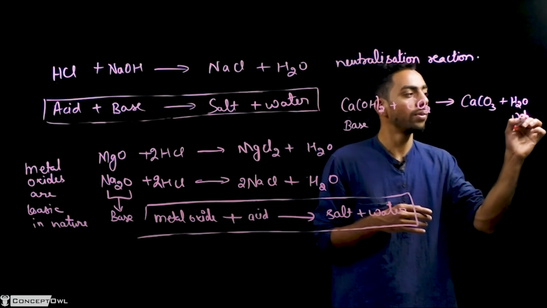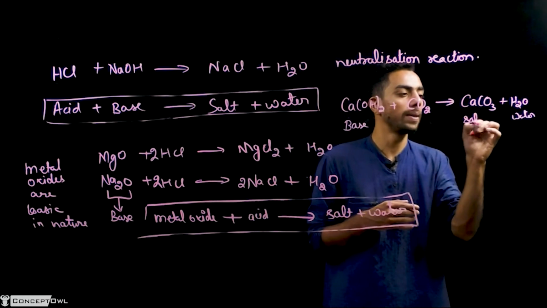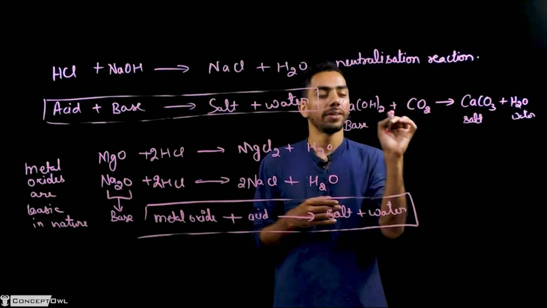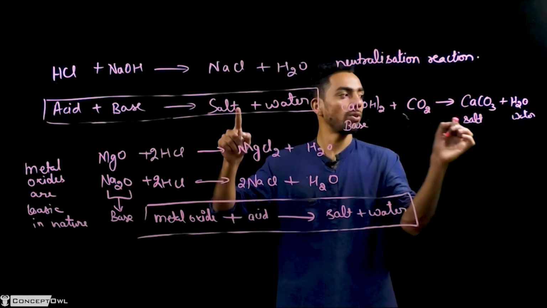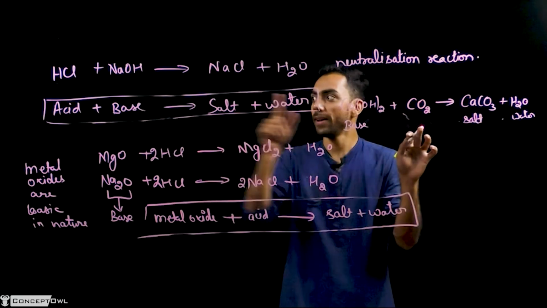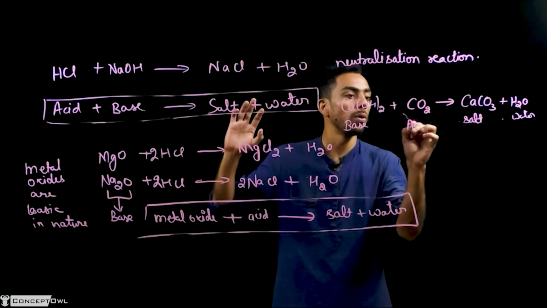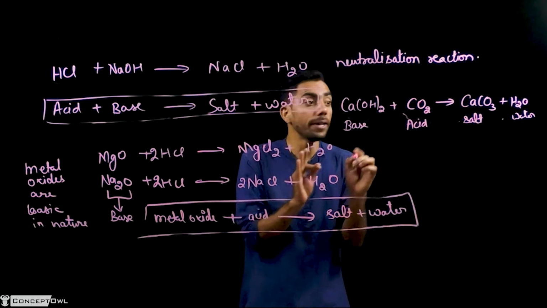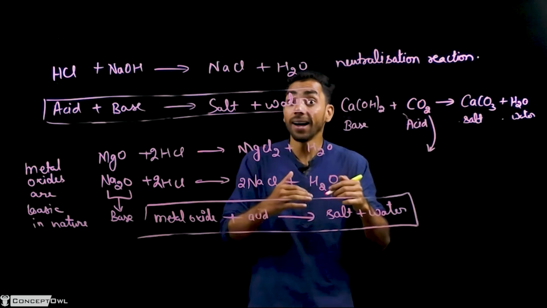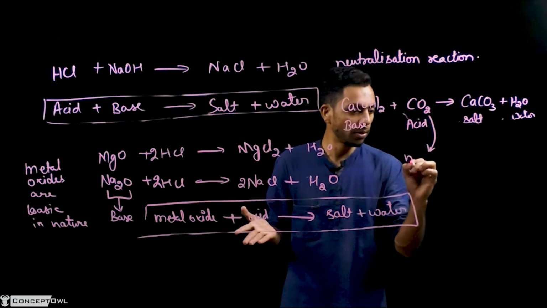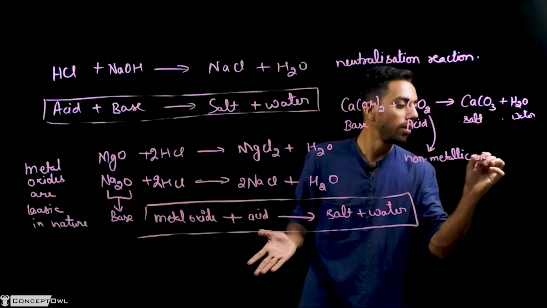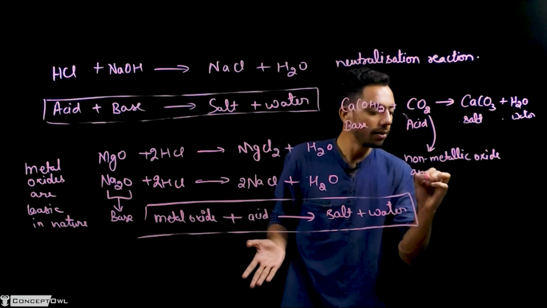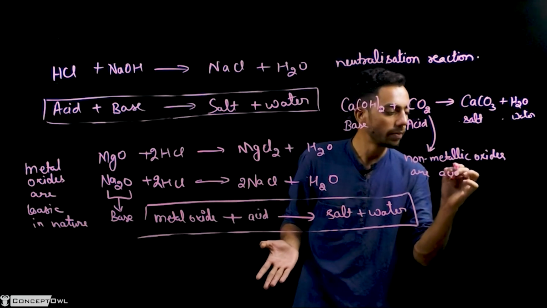This is our base. This is water. This is salt. This must be acid plus base, salt plus water. What is missing here? We have the base, so what I am trying to say is that these non-metallic oxides are acidic in nature. Non-metallic oxides are acidic in nature.